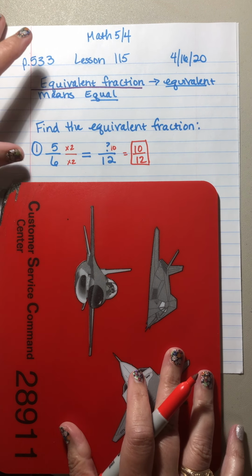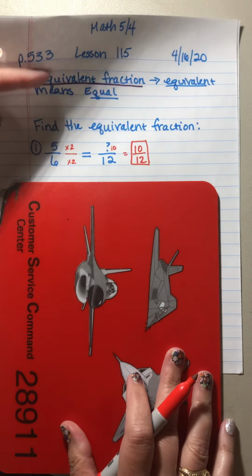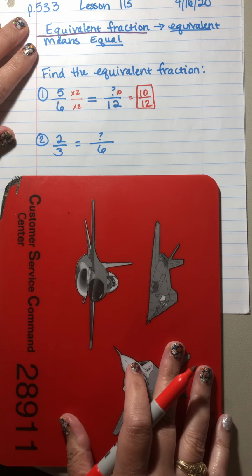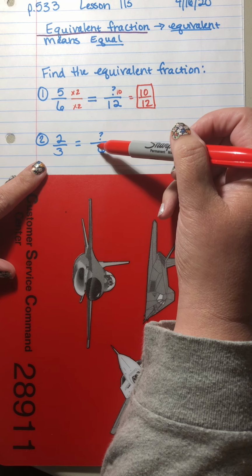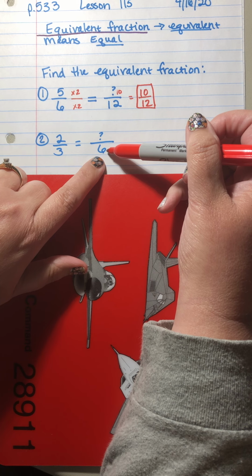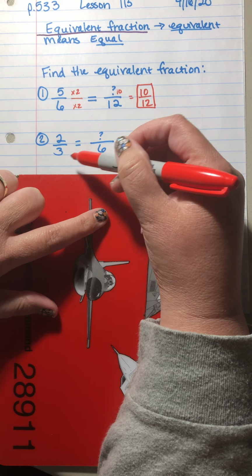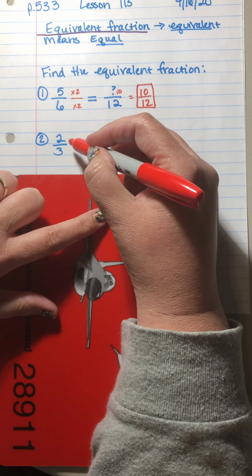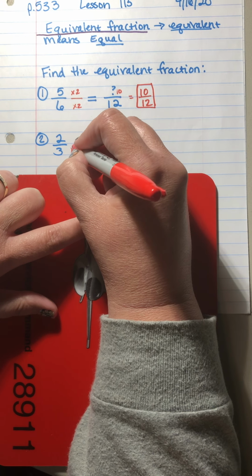Okay, let's look at some more examples. Here, we're given the fraction 2/3, and we're told to rename it or rewrite it with the denominator of 6. So in the same way as we did before, I have to figure out what do I multiply 3 by to get to 6? And I know that 3 times 2 equals 6.